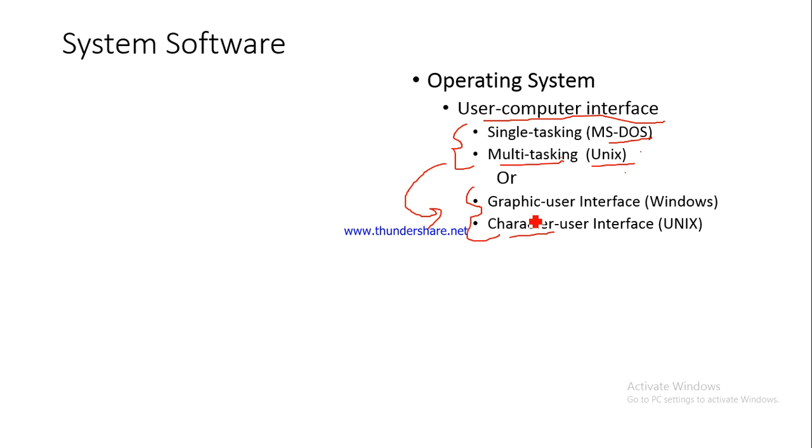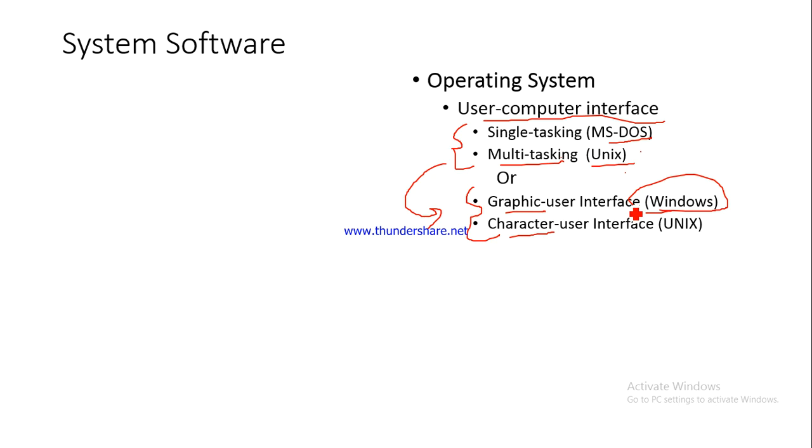You simply click on, let's say, my photographs, and the photographs appear. So this is the graphic. Graphic means you have got images on which you can click. Now, to understand a graphic user interface, you should understand that MS Windows is a graphic user interface.